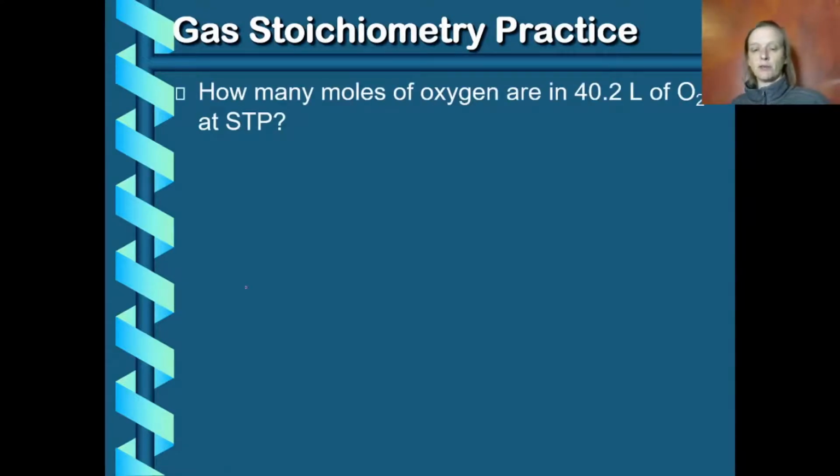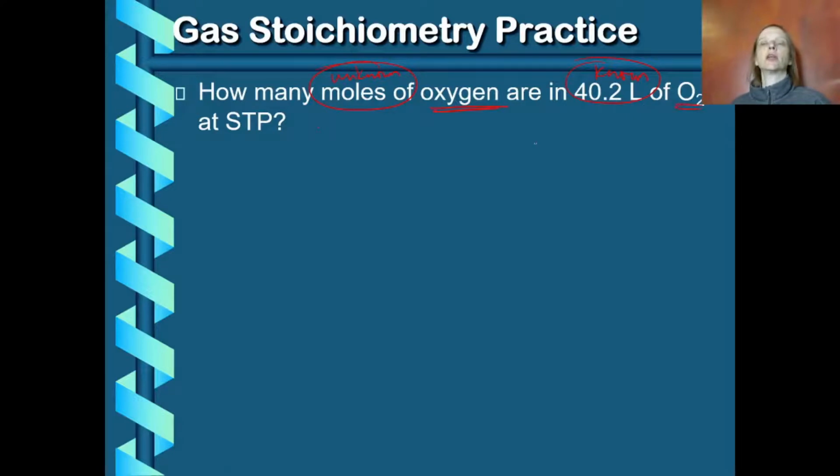Let's do another example of this. How many moles of oxygen are in 40.2 liters of oxygen at STP, standard temperature and pressure? So because it's STP, I know that 1 mole has a volume of 22.4 liters.